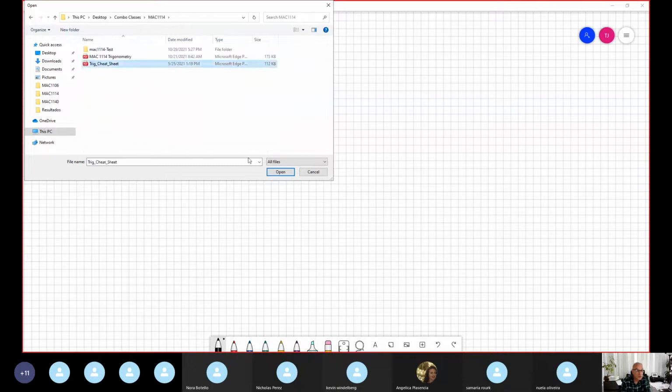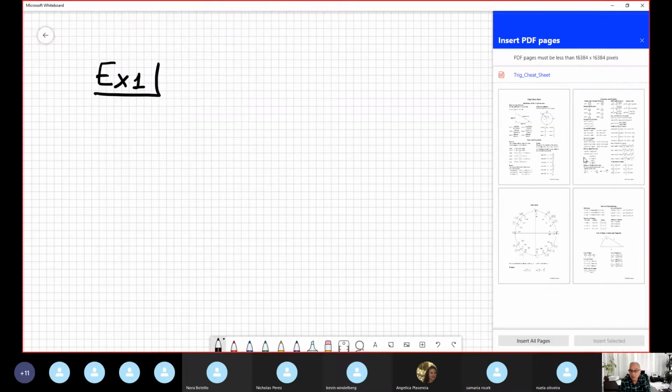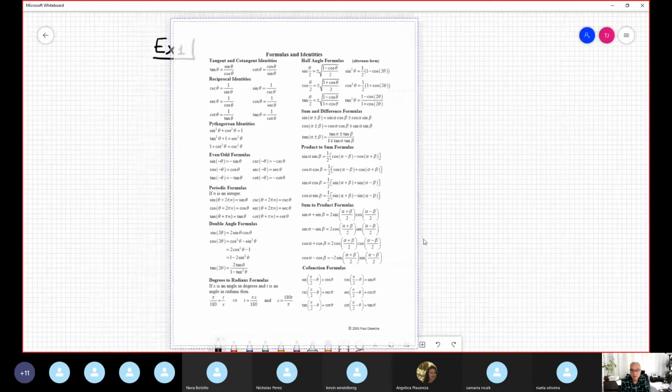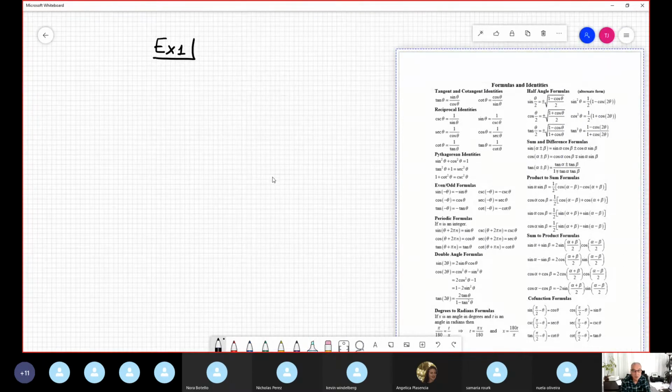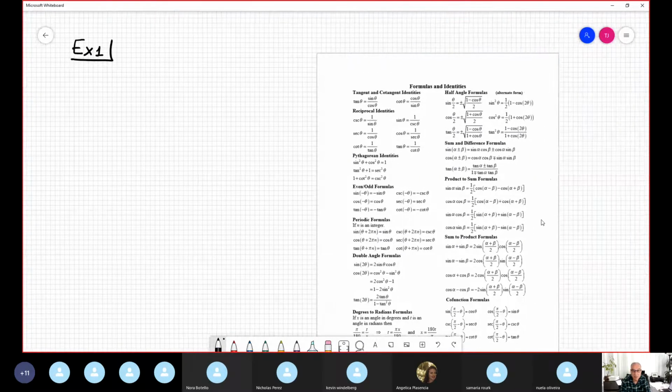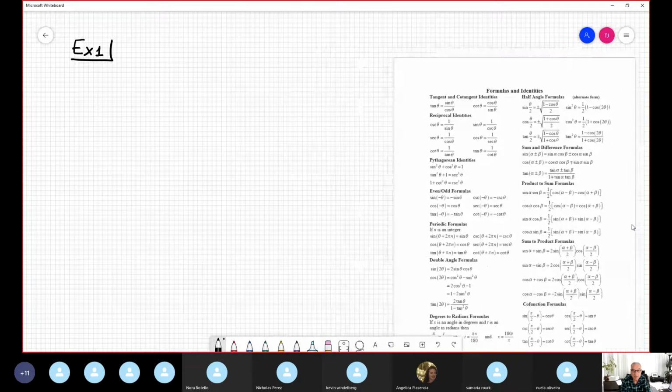Here, the famous trigonometric pages. I suppose everyone has that. I put it here because I want to work simultaneously with the problem and check the identities, right?